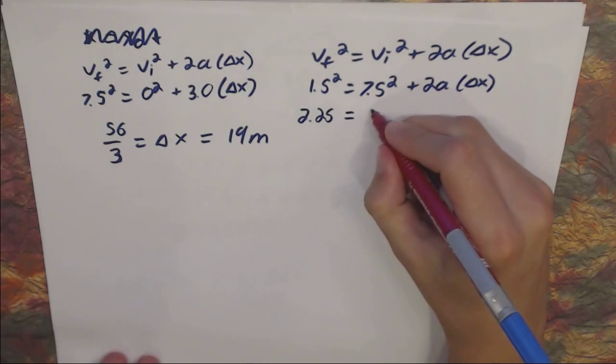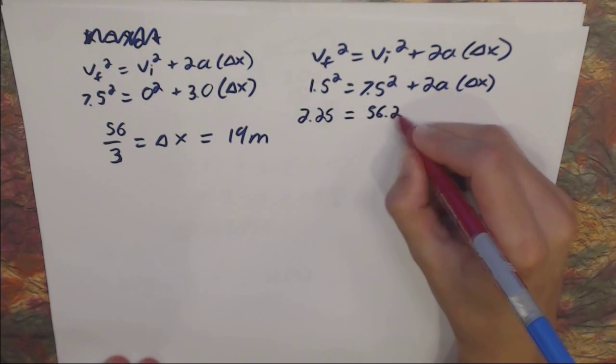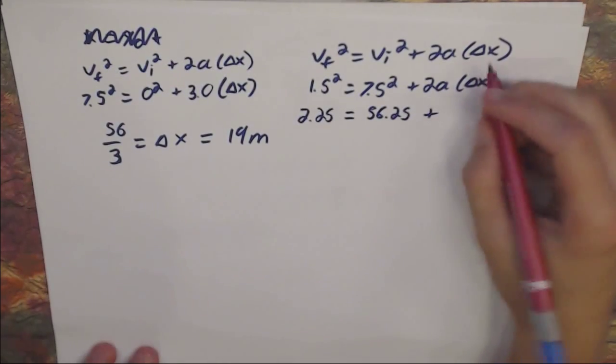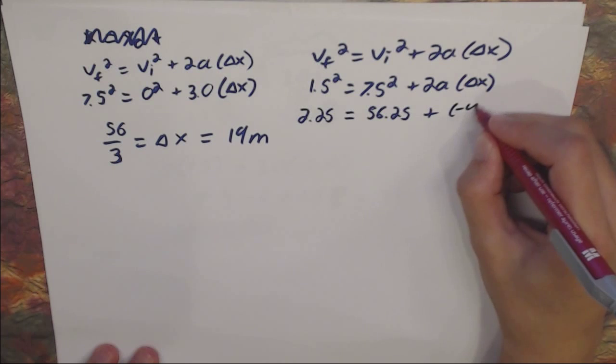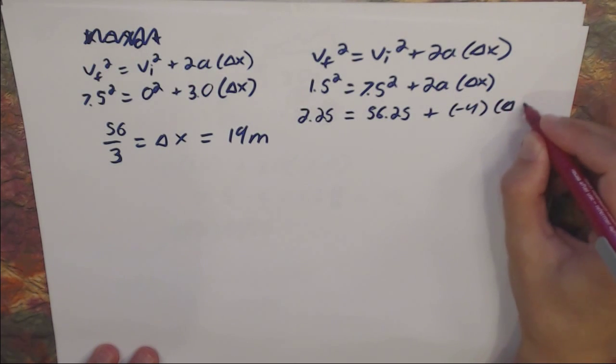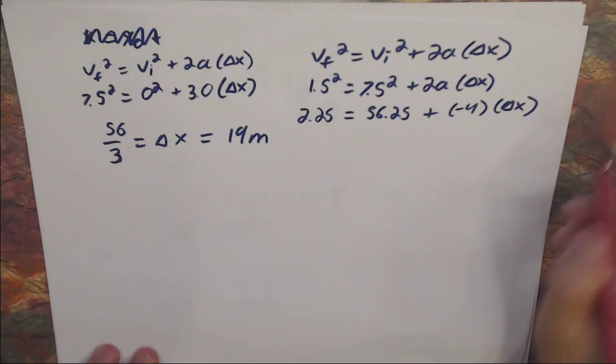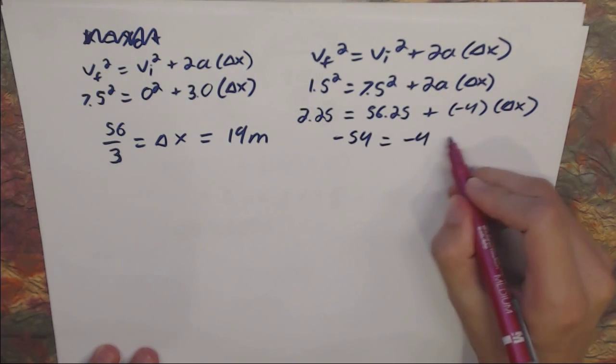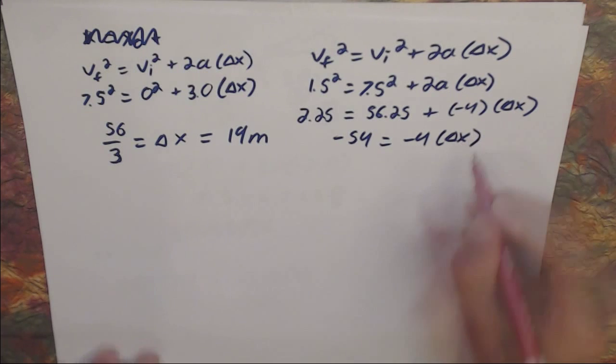I just did this. 56.25 plus acceleration, -4 times delta x. So we get -54 equals -4 delta x.